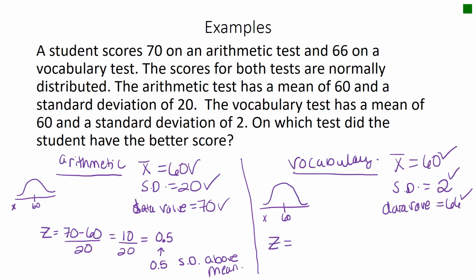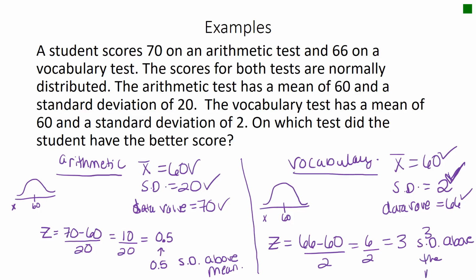Over here, the data value minus the mean, 66 minus 60, over the standard deviation, you get 6 divided by 2, which is 3. You can easily see that because the standard deviation is 2, so 66 is 3 standard deviations above the mean, which is a lot higher.